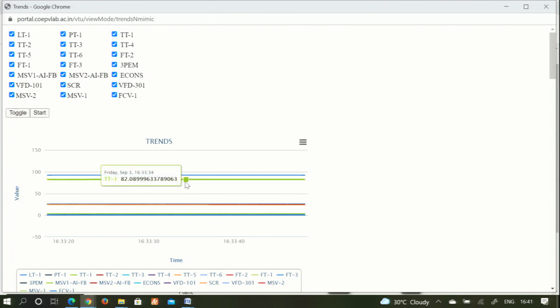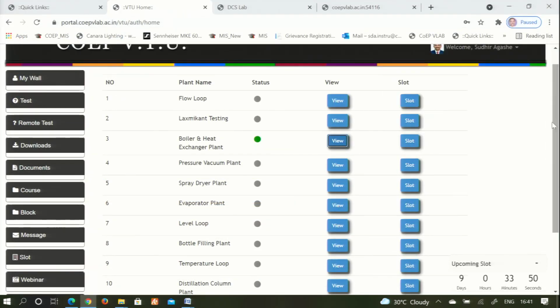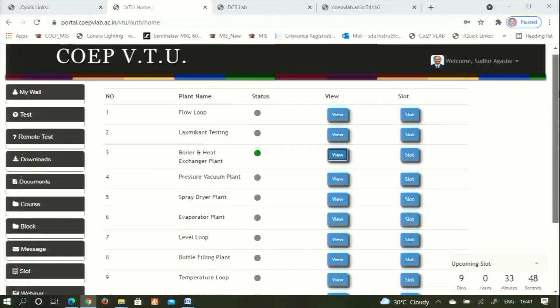So, for each and every parameter which you are logging, the students who are observing, and any student who is registered in this portal, can see what is happening even if he is not controlling the plant. That is another beauty of this type of facility which is available.